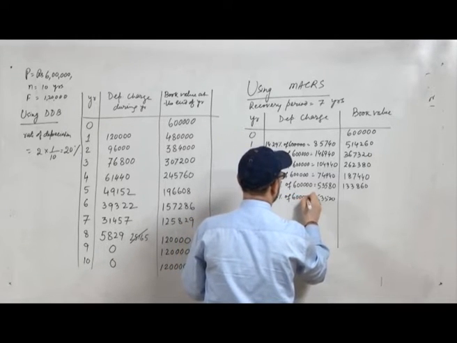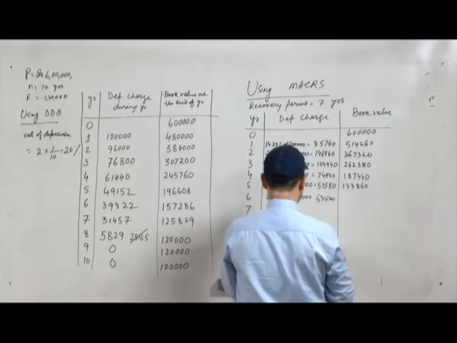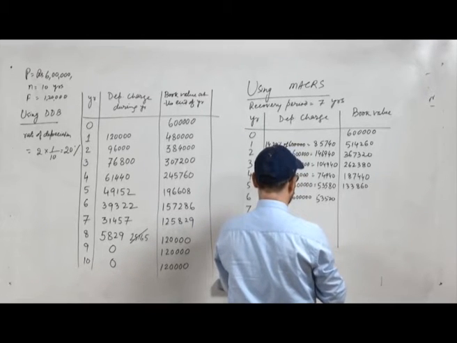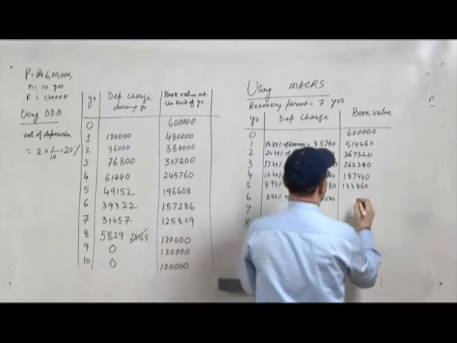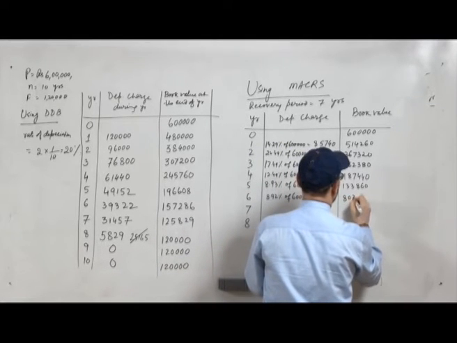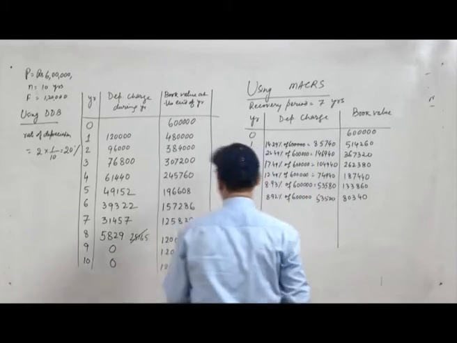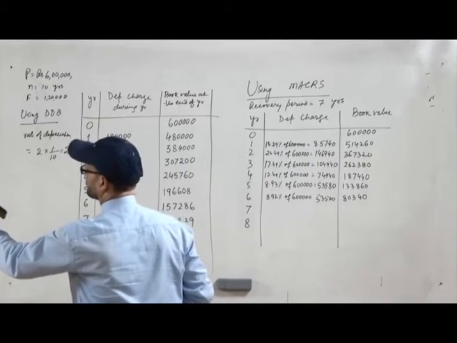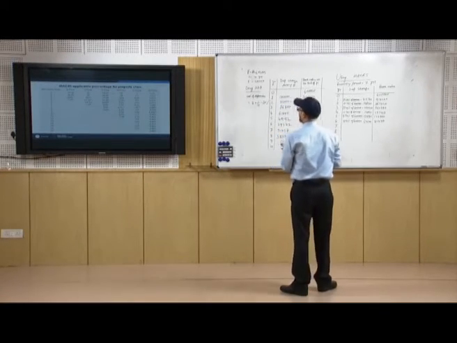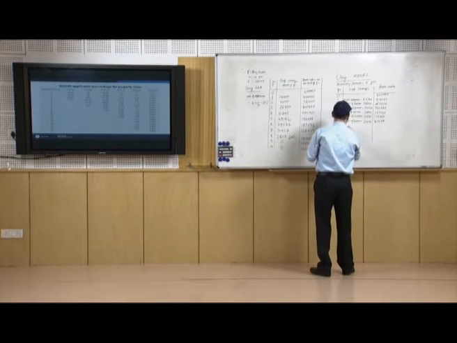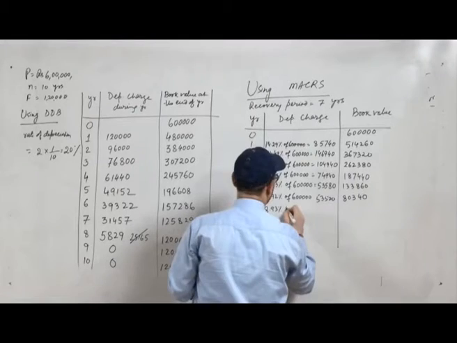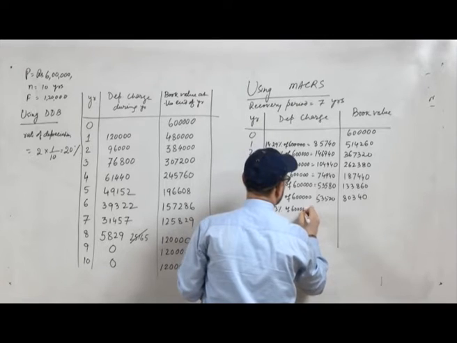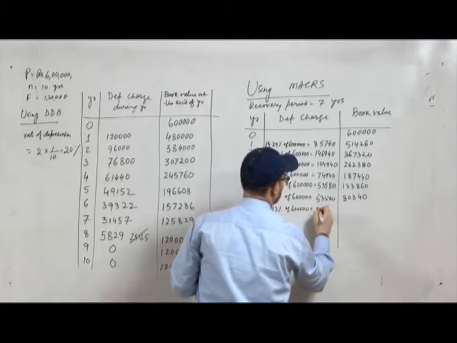Then 8.92% of 6 lakh... Now, we see that this 8.92 is going for 8.93% again. So, 8.93% again, it will be 53,580.